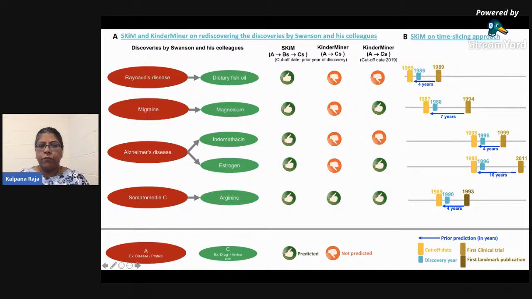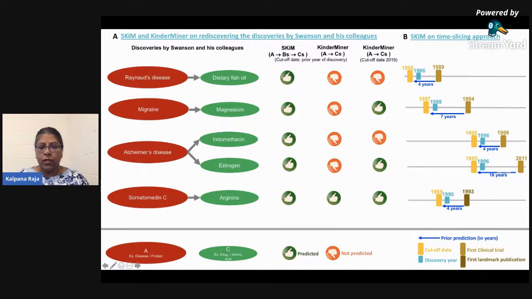So we want SKiM to find the discovery by reading the articles up to that year. Initially, we gave the cutoff date as 1 year prior to the discovery made by Swanson and his colleagues. SKiM identified, or rediscovered, all the discoveries made by Swanson and his colleagues.